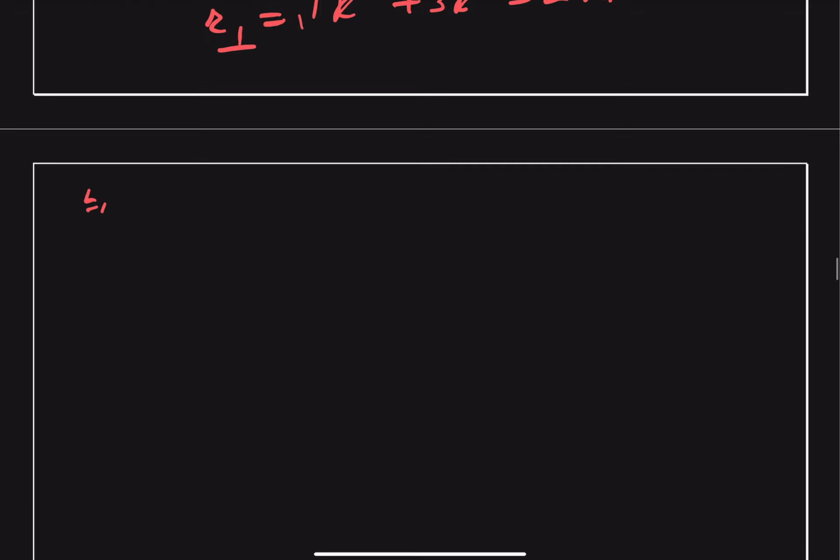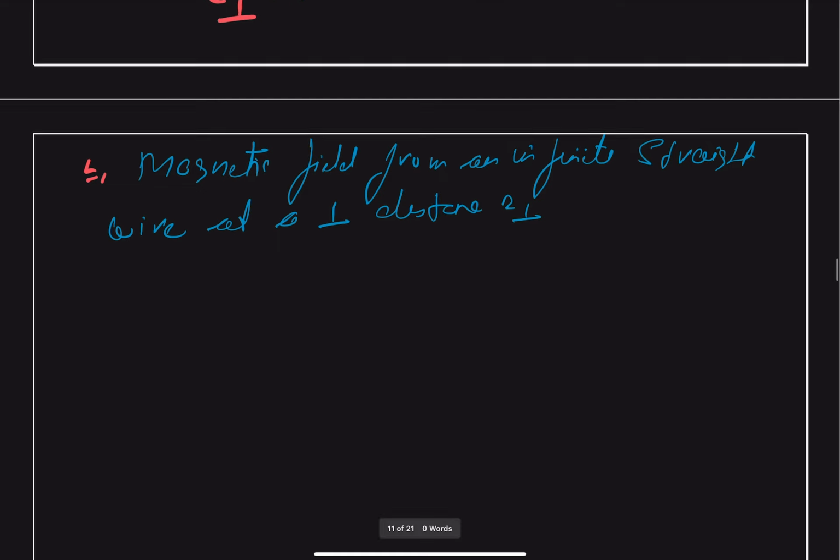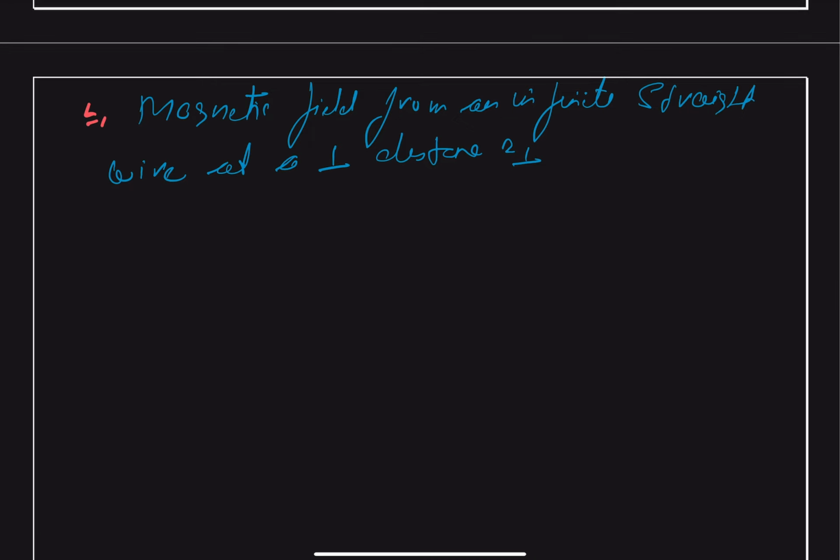You can say that the magnetic field from an infinite straight wire at a perpendicular distance, here we have said it as r perpendicular, and the general formula consists of angles also, sine phi 1 plus sine phi 2, but for an infinite wire phi 1 and phi 2 are pi by 2, and the normal formula is mu naught I upon 4 pi r, and 1 plus 1 is 2, so that gives us 2 pi r in the denominator.